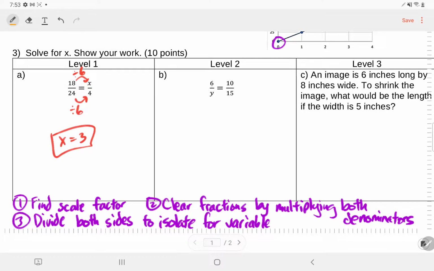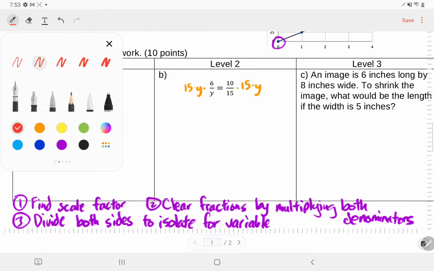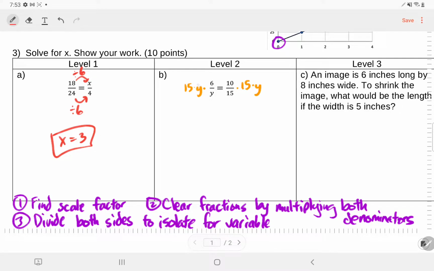For B, can 6 go into 10 evenly? No, it cannot. So we're going to clear the fractions by multiplying both denominators. We're going to multiply by 15 and y on the right and 15 and y on the left. When we multiply by 15 and y on both sides, the y's cancel out on the left hand side and the 15's cancel out on the right hand side, which leaves us with 15 times 6 equals 10 times y.